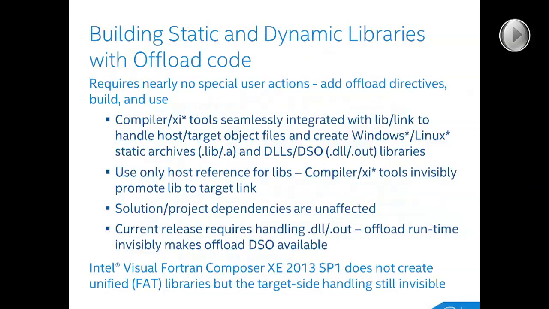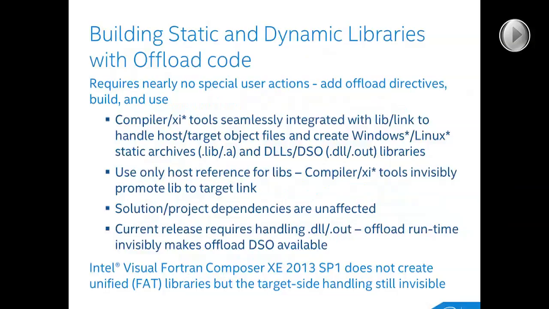If you happen to have a solution, for example, where you have an executable that depends on a Windows static library, and you've added offloaded code to your static library, and you have the solution and project dependencies set up under Visual Studio, where the executable automatically links with the static library as per the dependency you've established, that's unaffected when you add the offloaded code.